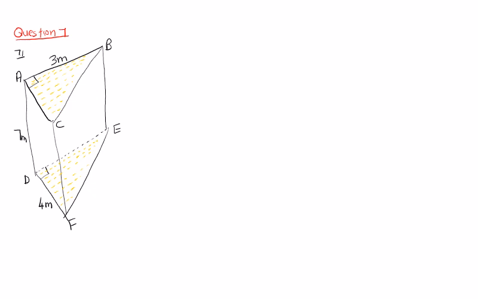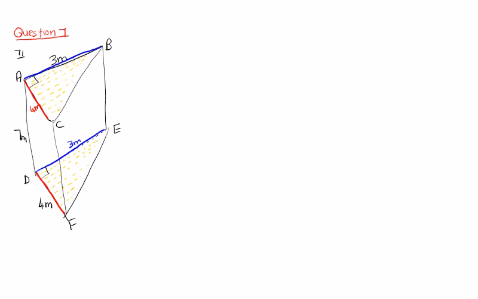Now the sides of the triangular prism are the same as the base. You have two bases, the one base is at the bottom, the other base is at the top. So if this one is 4 meters, then this one will also be 4 meters. If this one is 3 meters, that one will also be 3 meters because they have exactly the same size.